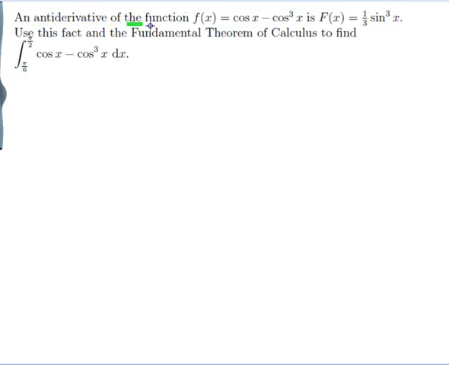Next, let's think about what the fundamental theorem of calculus says. And I think I might just write that down.